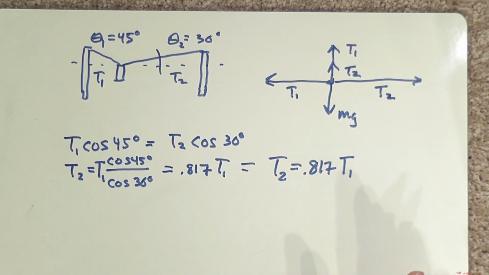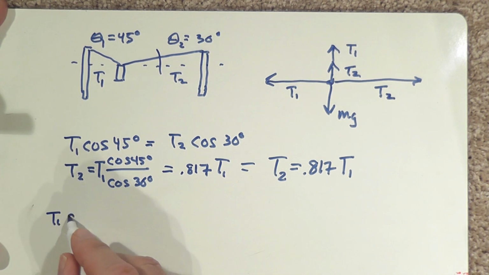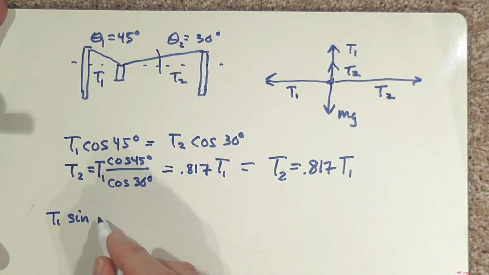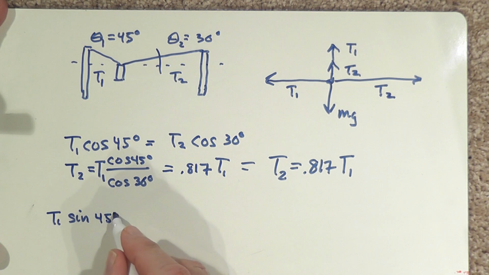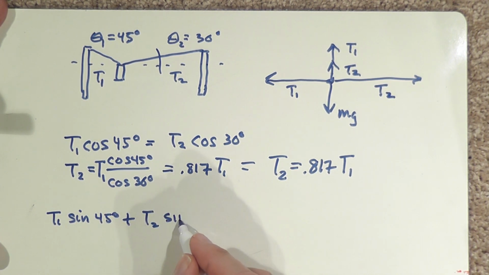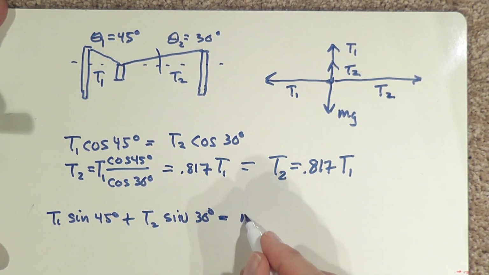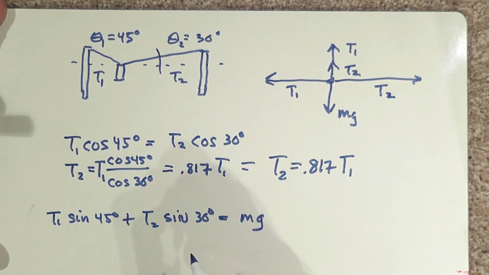Now we actually have two variables, so we need two equations. The second equation is what's happening in the vertical, on the y. This is T1 sine 45 degrees plus T2 sine 30 degrees is going to be equal to mg.